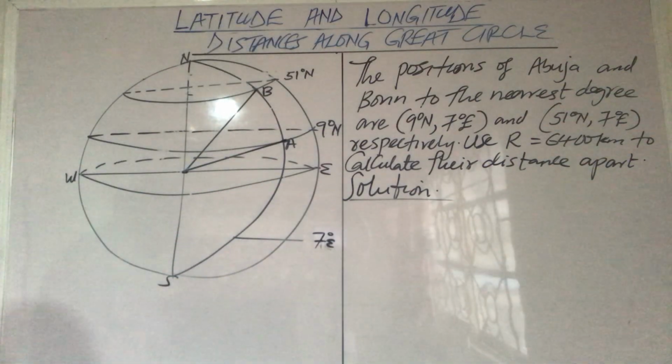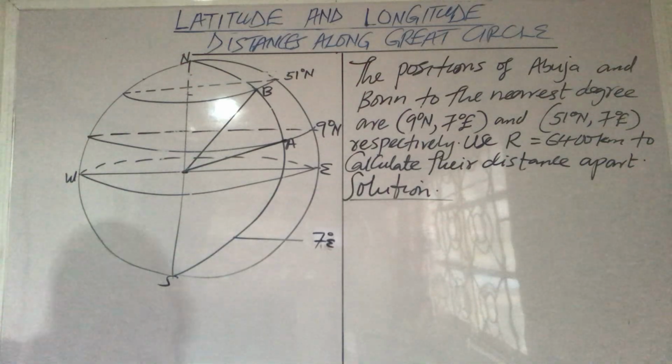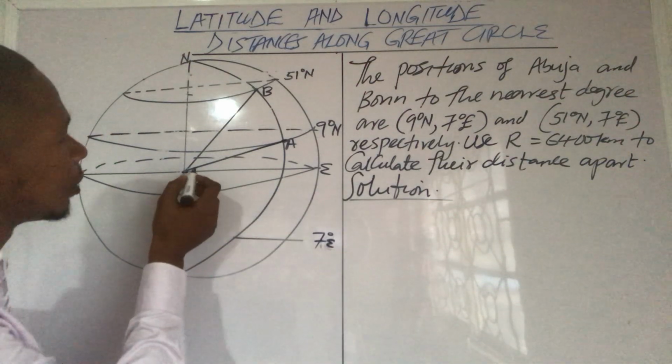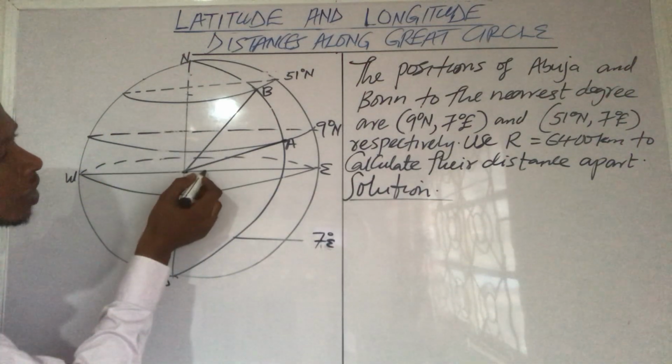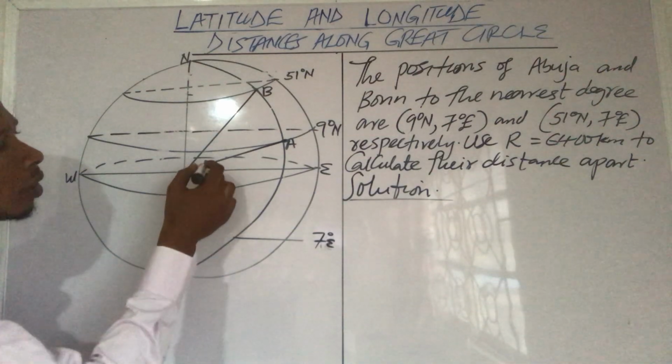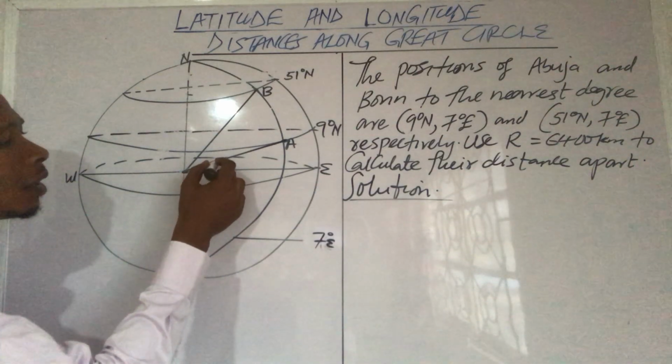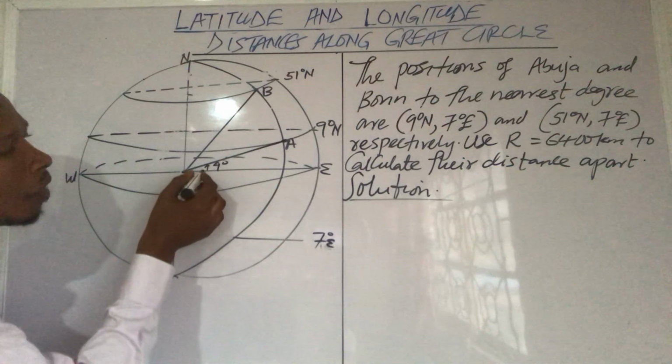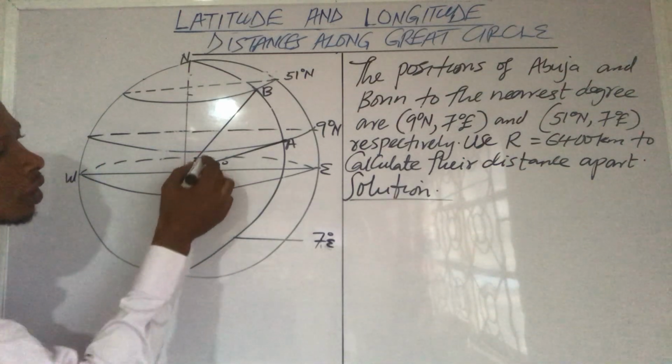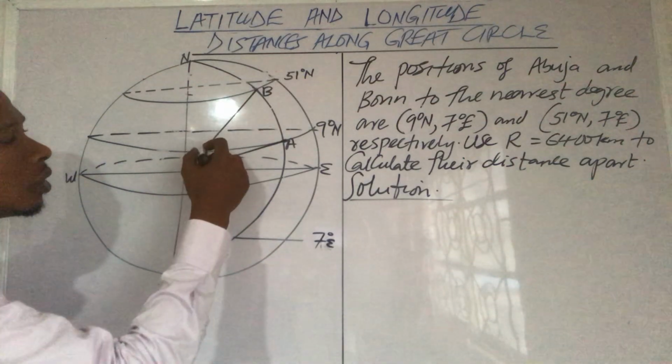From this place to this place is my 9 degrees, while from this place to this place is my 51 degrees.